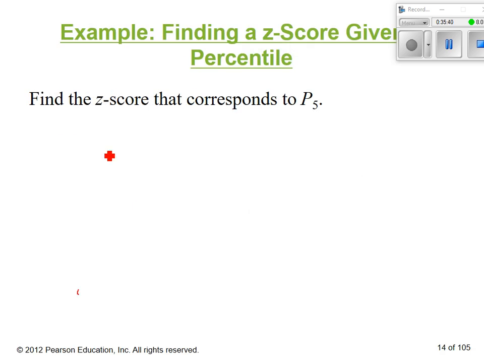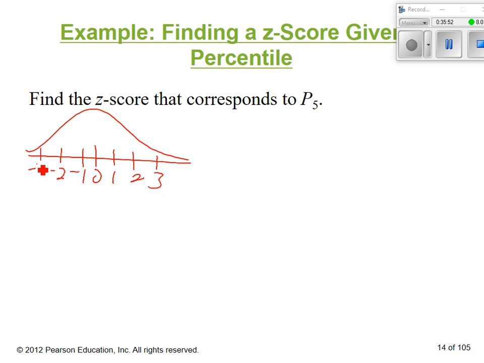Find the z-score that corresponds to P5. So if we're in here, that's 1, 2, 3 again, -1, -2, -3. We could use our calculators. We could use the chart. P5 means we want to be at 5%. So that's going to be way down here somewhere, over here. And if we look it up on the chart, 0.05, got to make sure that you bump this over 2 places.